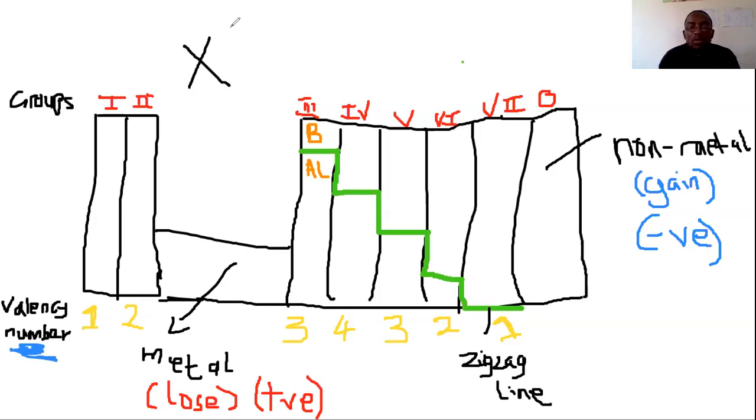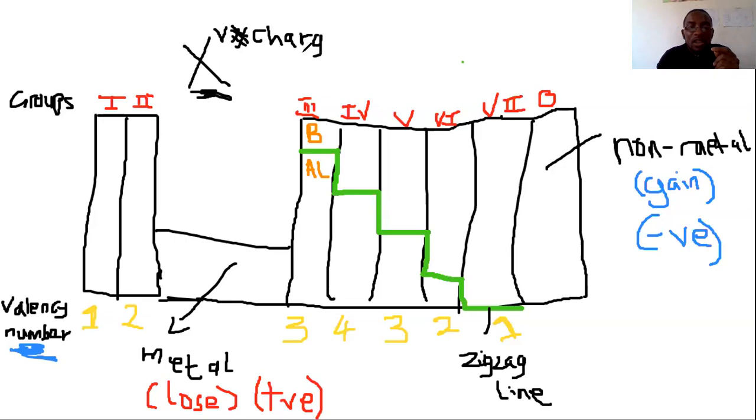Then on top, that is to the right top, I'm going to write a superscript valency number of that particular atomic symbol, and then I'm going to put the charge.